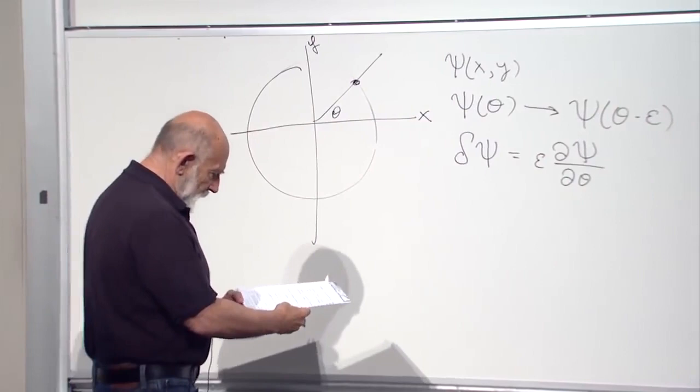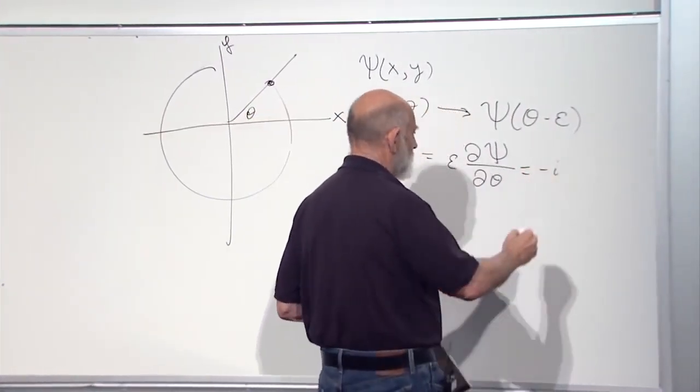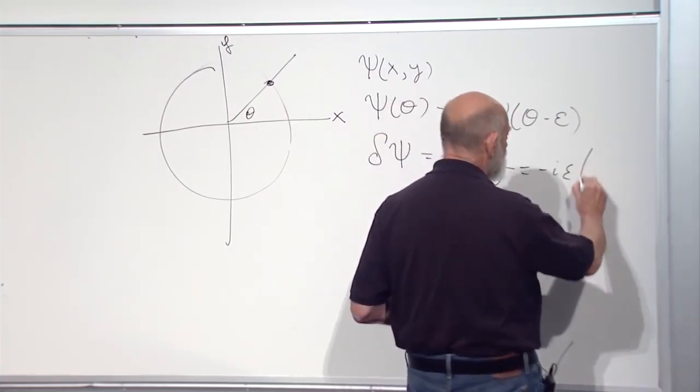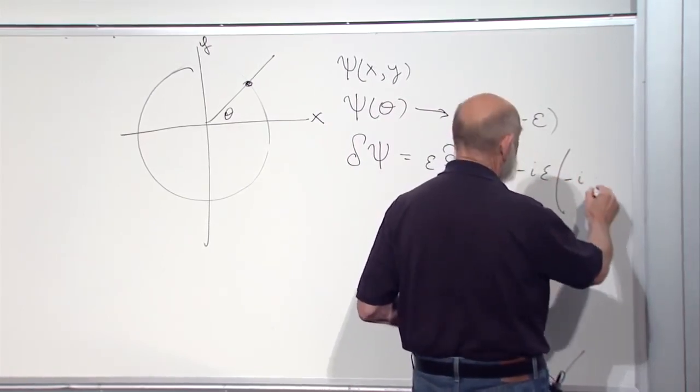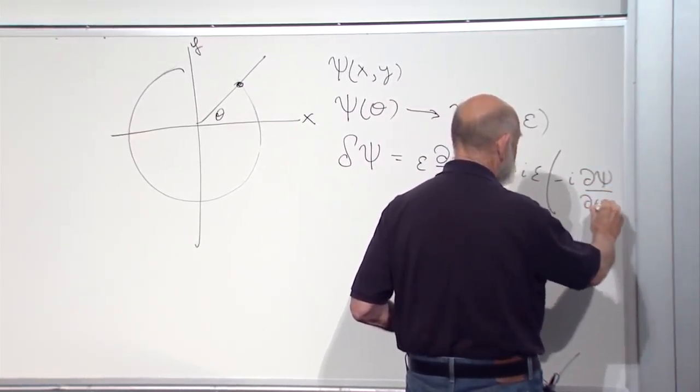I can rewrite that as minus i epsilon times minus i derivative of psi with respect to theta.